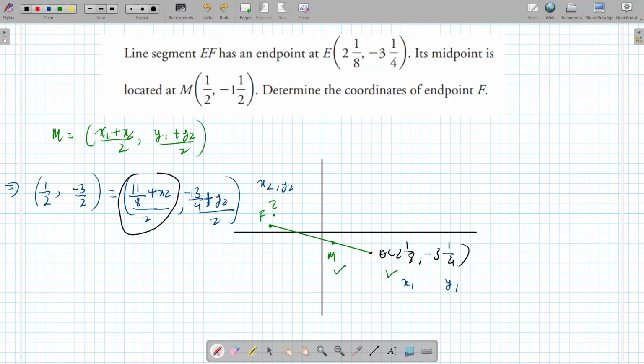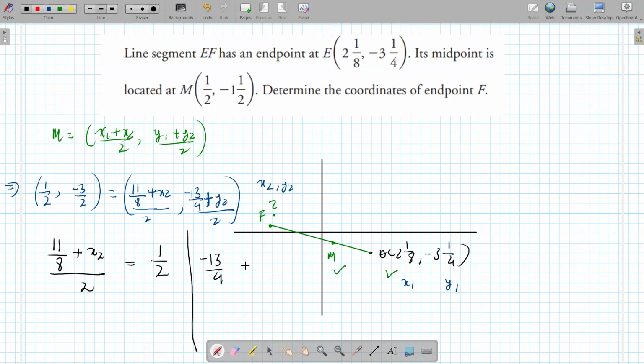I'm going to let this be equal to this. That'll give us our first equation. Now this is not a system of equations because we can just solve it like this. That's our first equation. Our second equation is going to be negative 13 over 4 plus y2 divided by 2. That's going to be negative 3 over 2.